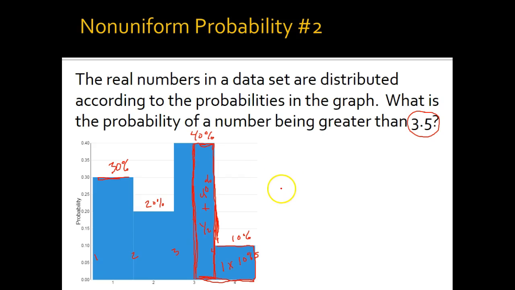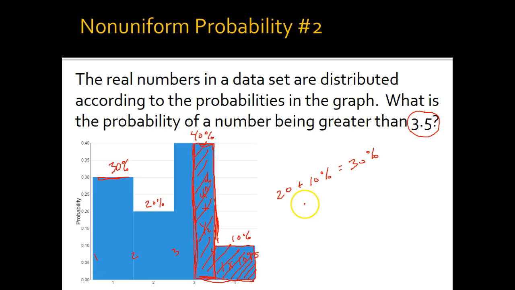So 1/2 times 40% is 20%, plus 1 times 10% is 10%, and that equals 30%. So this region that's going to be defined as greater than 3.5 is 30% of the entire amount, and so that's the probability of getting a number greater than 3.5.